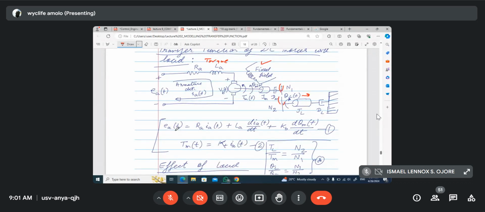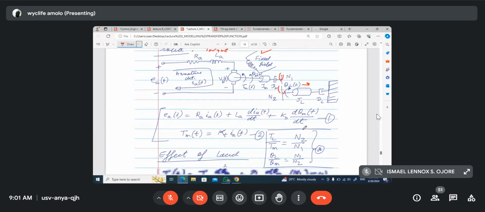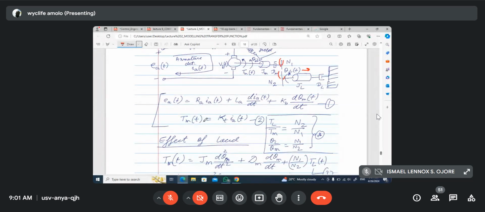The electrical voltage will generate that value, plus this value, plus that kind of arrangement. So torque in terms of T will also give you that kind of arrangement, which is number 2.